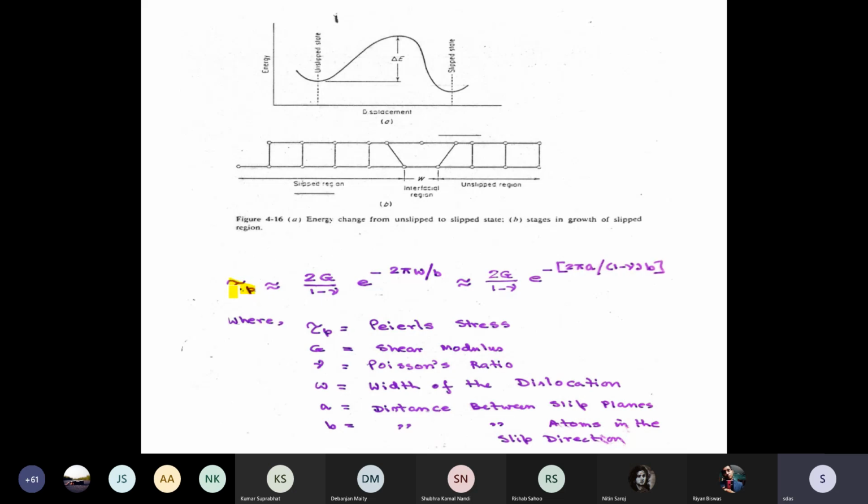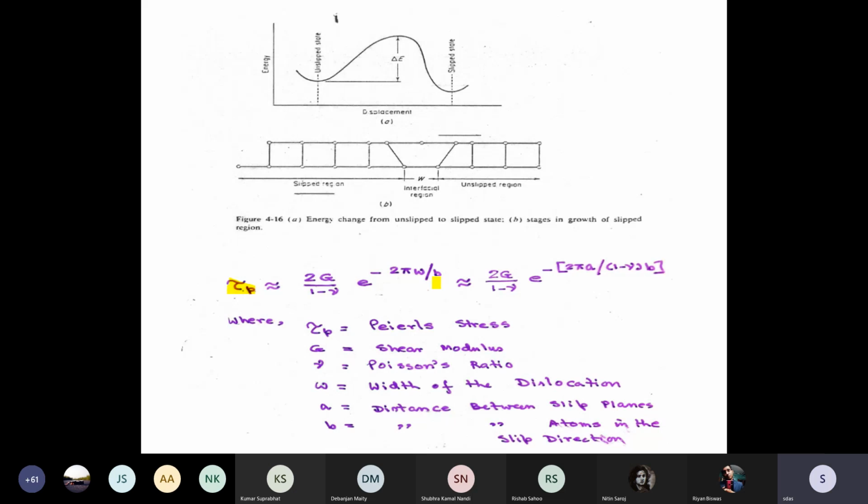This tau p is the Peierls stress required to move a single dislocation from the interior of a grain to its surface: 2G over 1 minus nu, where G is the shear modulus and nu is the Poisson ratio, times e to the power minus 2 pi w by b.